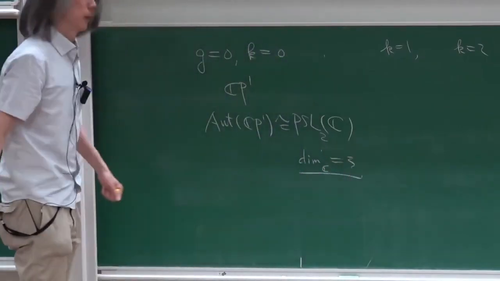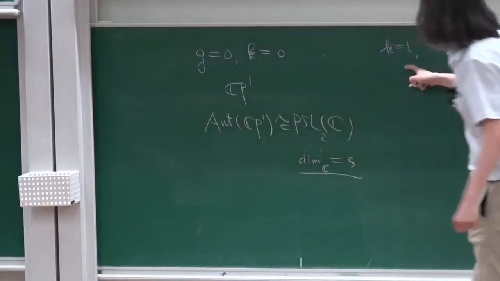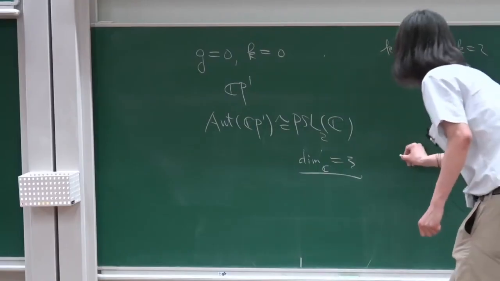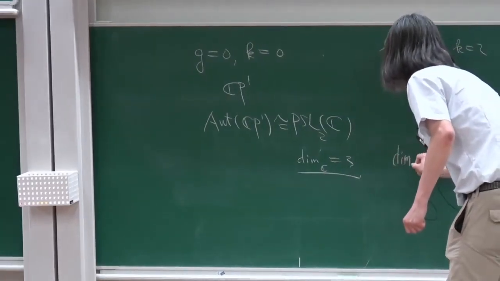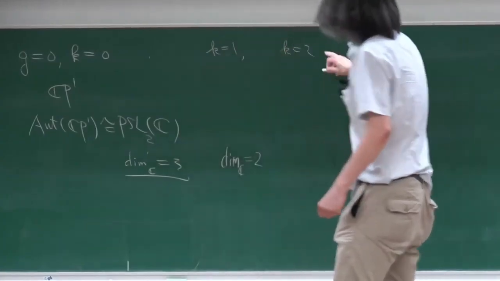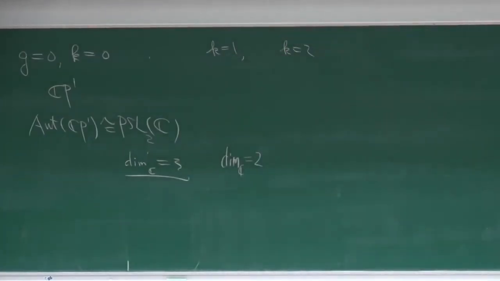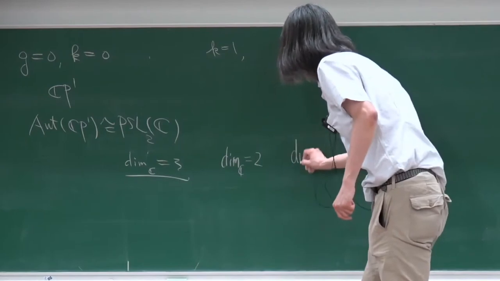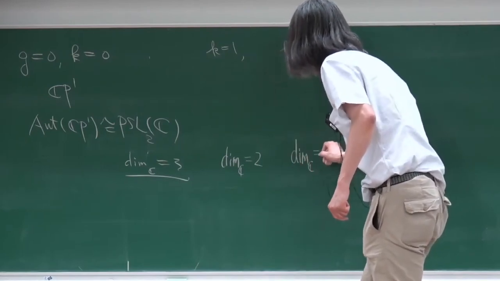Here we have an affine transformation group on the complex plane, so the complex dimension is 2. And here you have a north pole and south pole, and the automorphism is just multiplication by some non-zero complex number. So this is actually 1-dimensional.